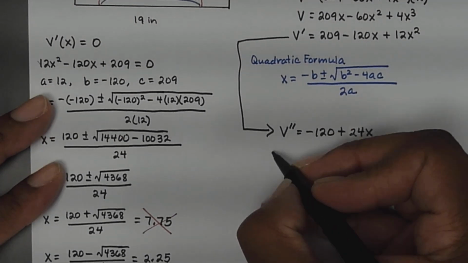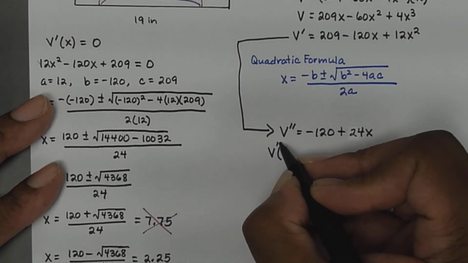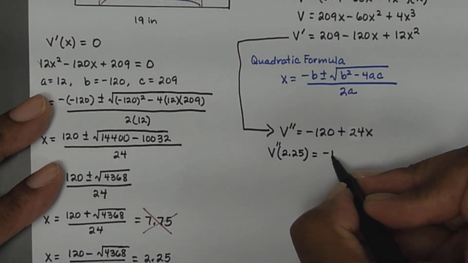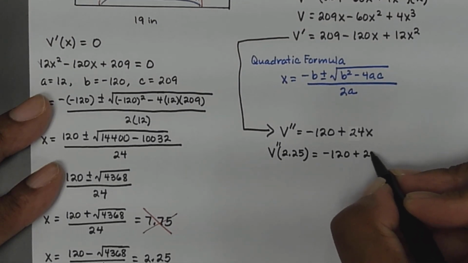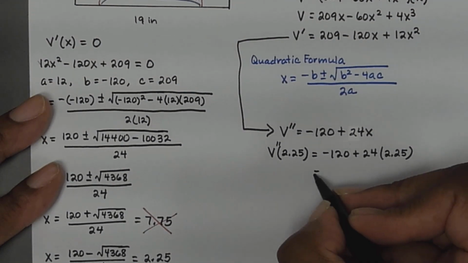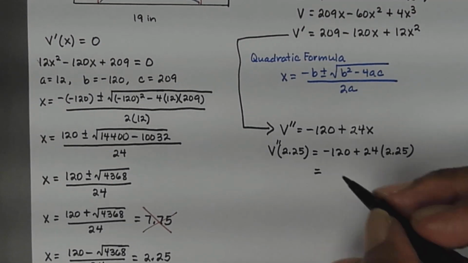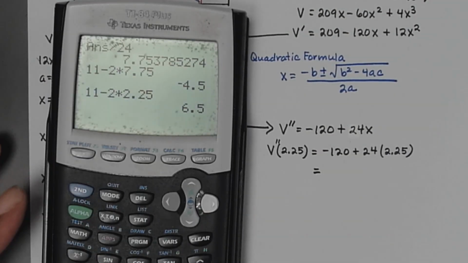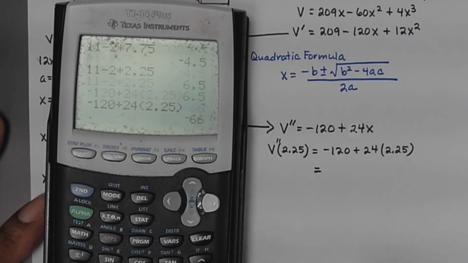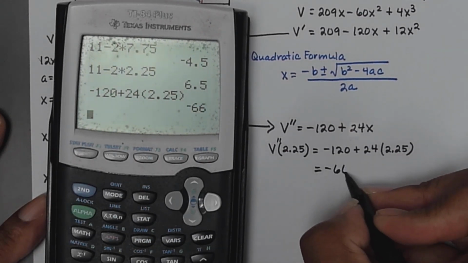Now let's substitute 2.25 in for x. So this would be negative 120 plus 24 times 2.25. I'll go ahead and do this on the calculator as well: negative 120 plus 24 times 2.25, that would be negative 66.